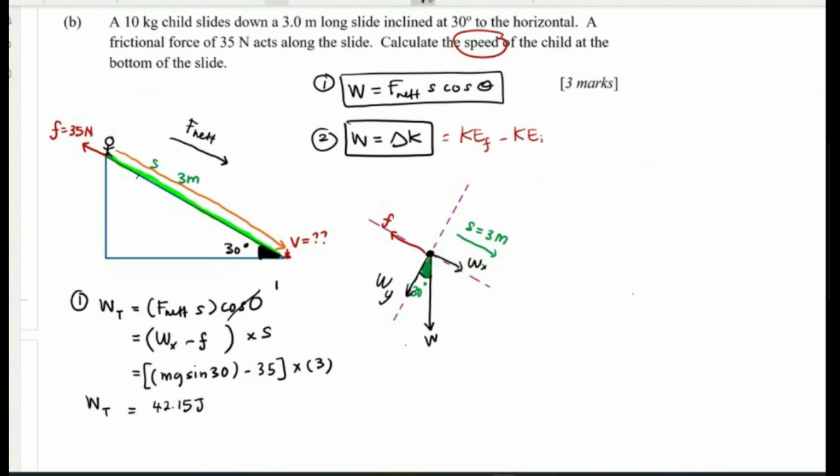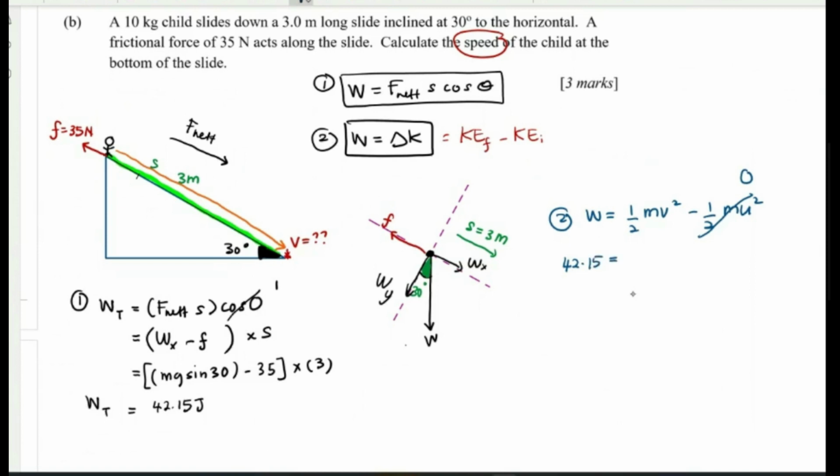So now we can proceed to the second equation where you can use W equal to half mv squared minus half mu squared. Okay, so u equal to 0 lah. Sebab dia start from rest. Okay, we consider start from rest. So W dia tadi, the work done, okay, 42.15.